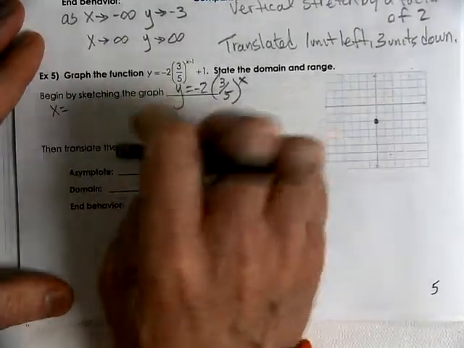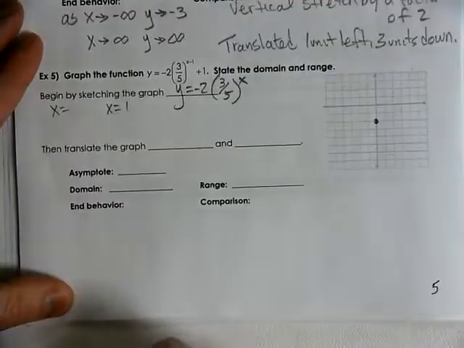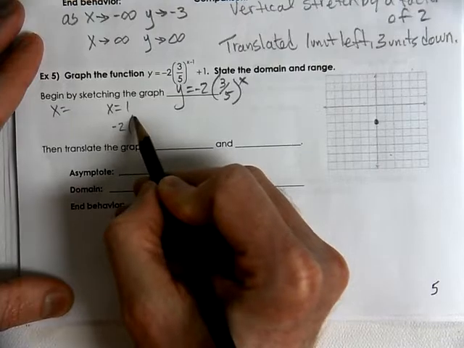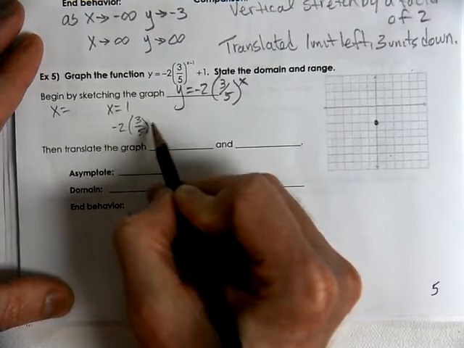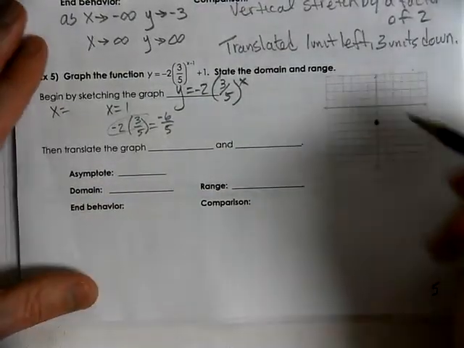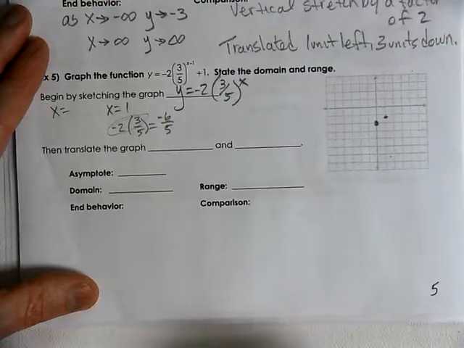When x equals 1, we're going to be negative 2 times 3 over 5. So that's going to be negative 6 over 5. That's negative 1 and a teeny bit.